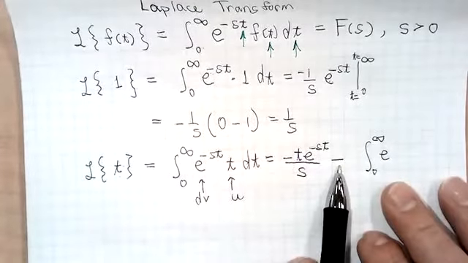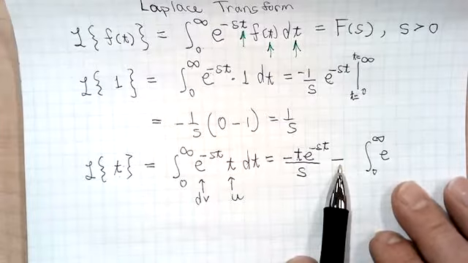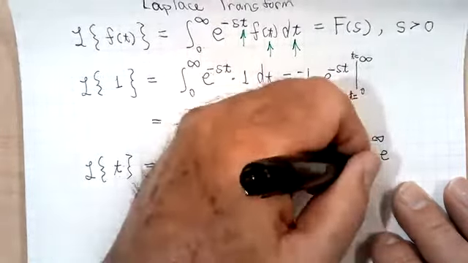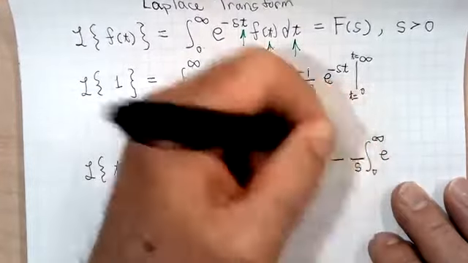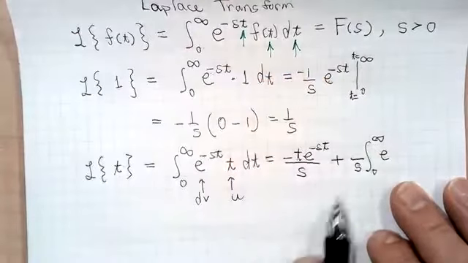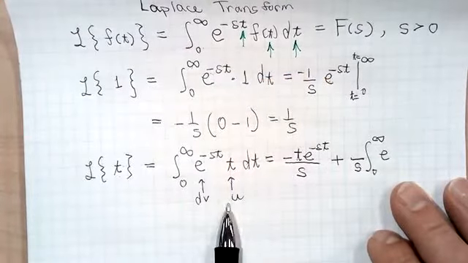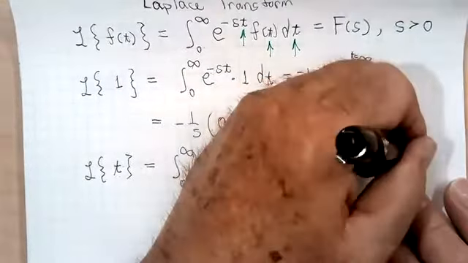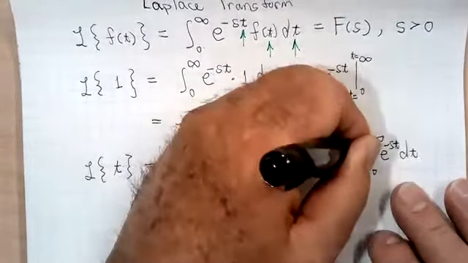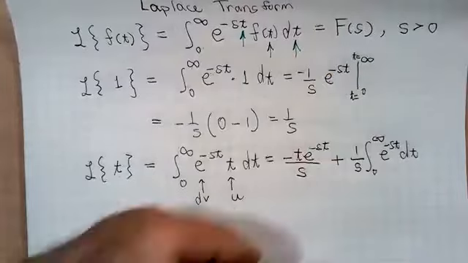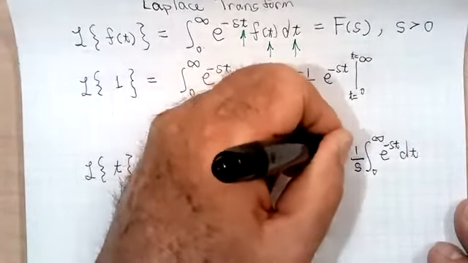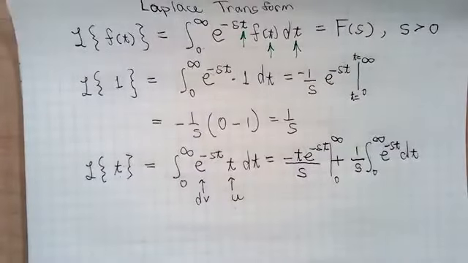This is uv minus the integral of v du. So antiderivative here, s in the denominator, and a minus, so that turns that into a plus. du is just dt, and e to the minus st here, and this is a 1. And I need to integrate, t goes from 0 to infinity.